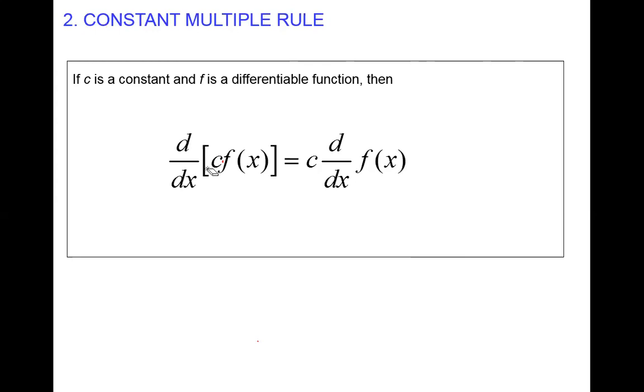What we can do to simplify, we can put the constant completely outside the whole process and just differentiate the function. Derivative of the constant times the function means that we do not differentiate that constant. The constant just stays.